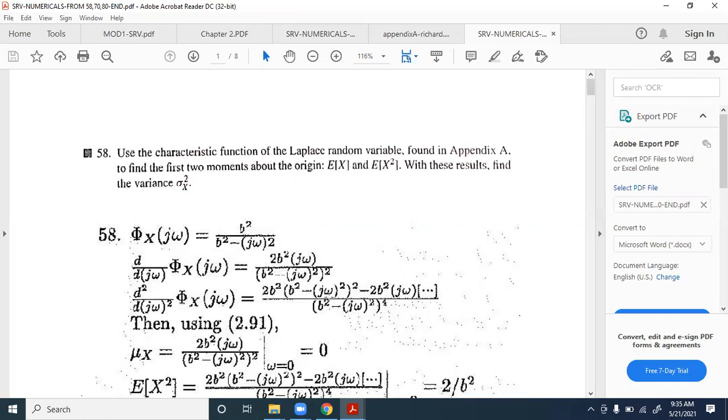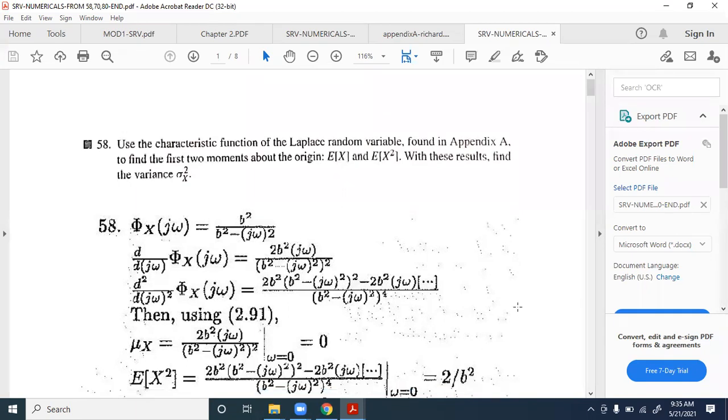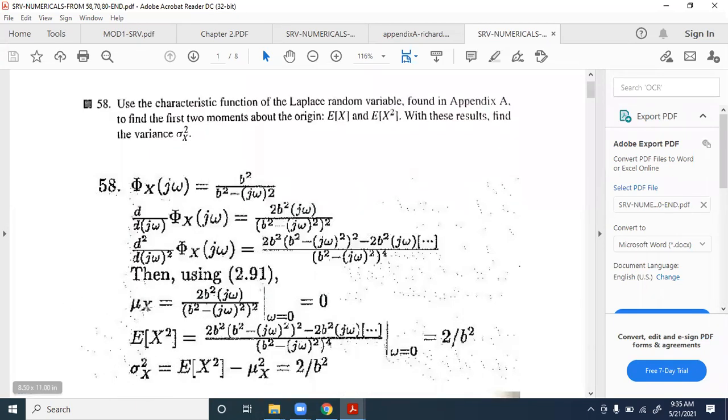And once you write this, then it's only the substitution which is more important. So the mu x is nothing but this quantity which we have at omega equal to 0. That is, the differential of the characteristic function is the mean. Double differentiation of the characteristic function is the expectation of x squared.